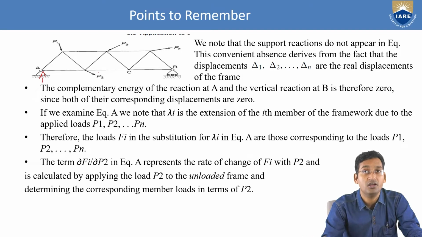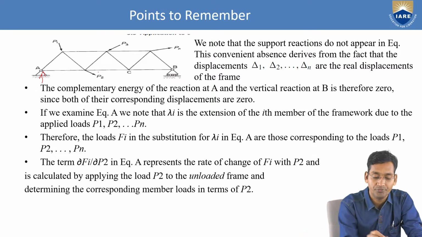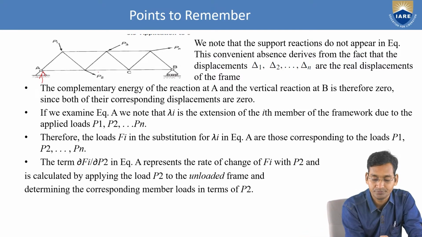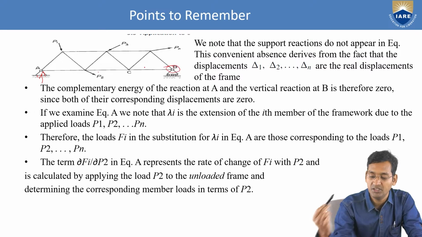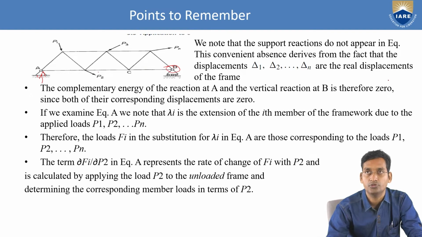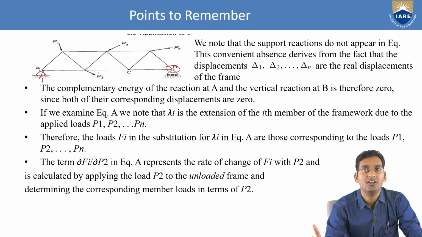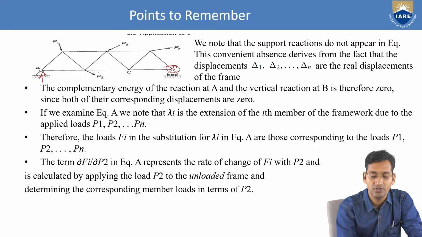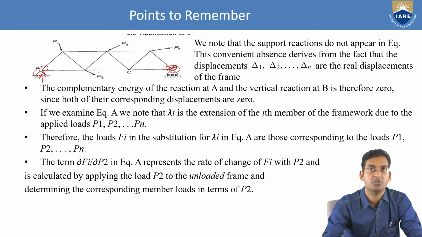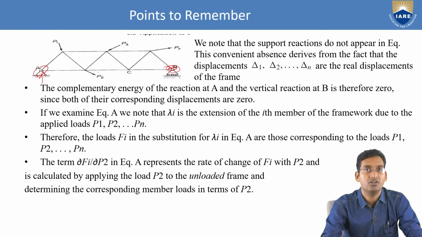It is not given in the question, so we can assume it equals 0 since both of their corresponding displacements are 0. Here there is no displacement, and no displacement means we can assume that complementary energy is 0.